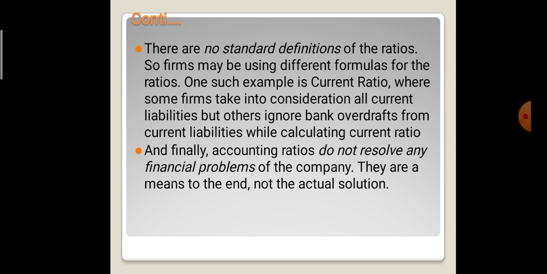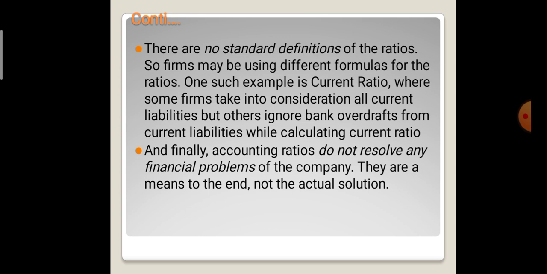Impact of price changes will be ignored. Changes in price levels affect the comparability of the ratios. Ratios fail to reflect the impact of price level changes and hence can be misleading. There is no universal price hike percentage.